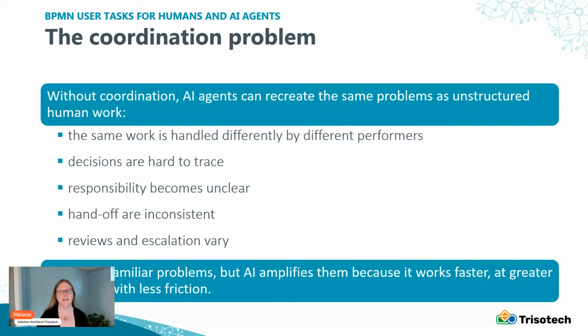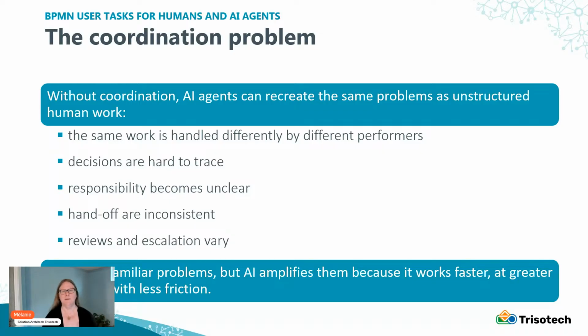you can kind of fall back to the same problem we had and we still have sometimes with human performers. So your different AI will do stuff. They may do it in different ways from time to time because AI does not produce exactly the same outcome each time. The decisions they make will be harder to trace because you won't have all the context they had, what they have done exactly.